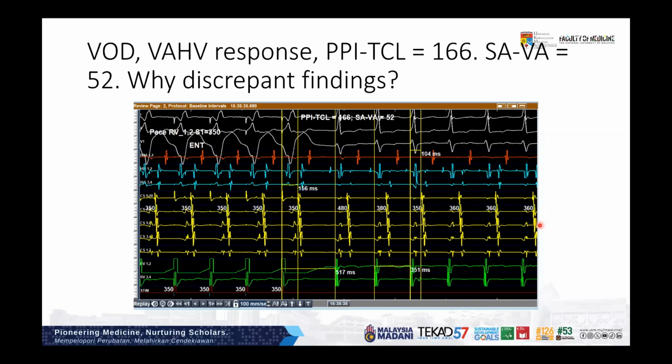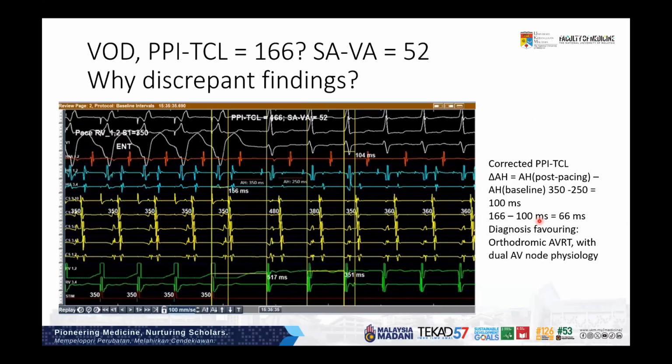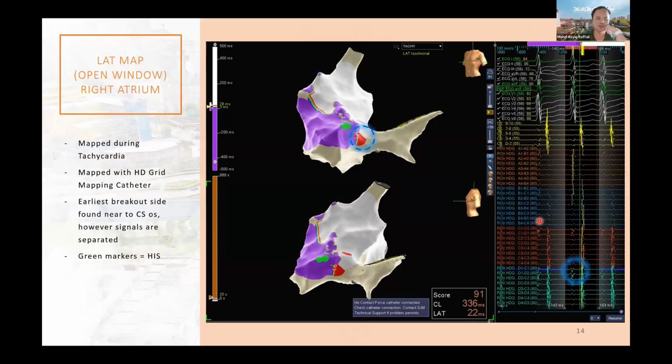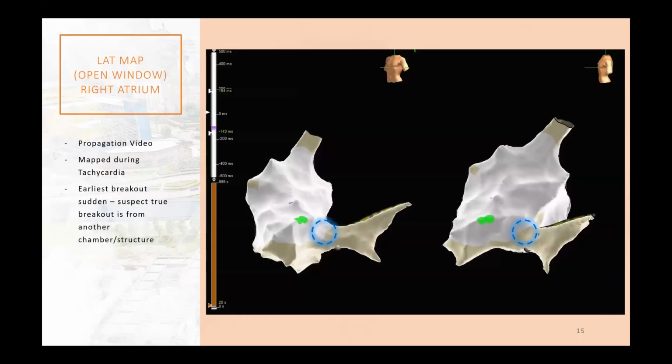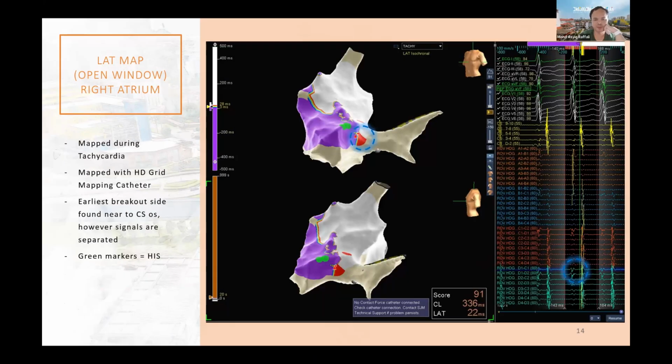Is that a good answer to you? Also, for the place where they ablated, how early was that A as compared to the earliest A on CS? About 22 milliseconds, or 25 from what I remember.